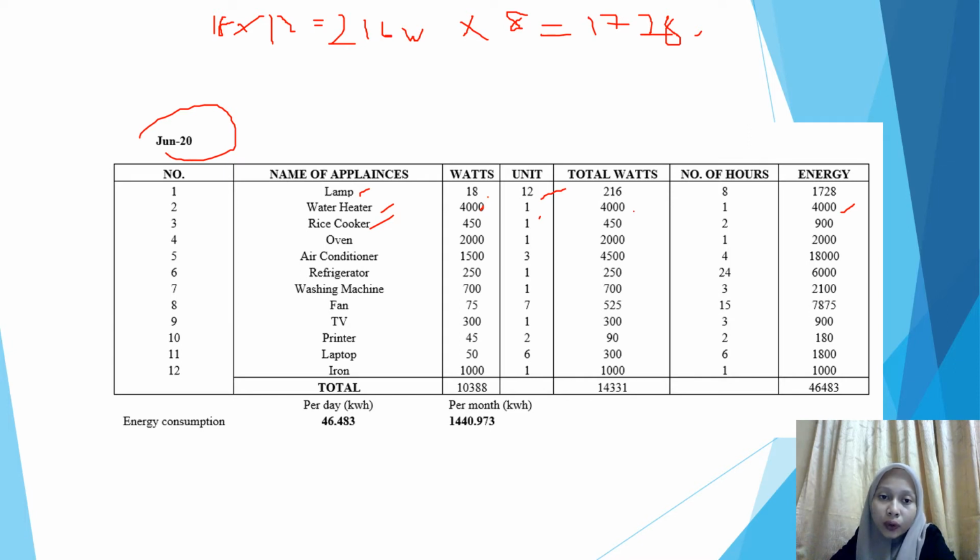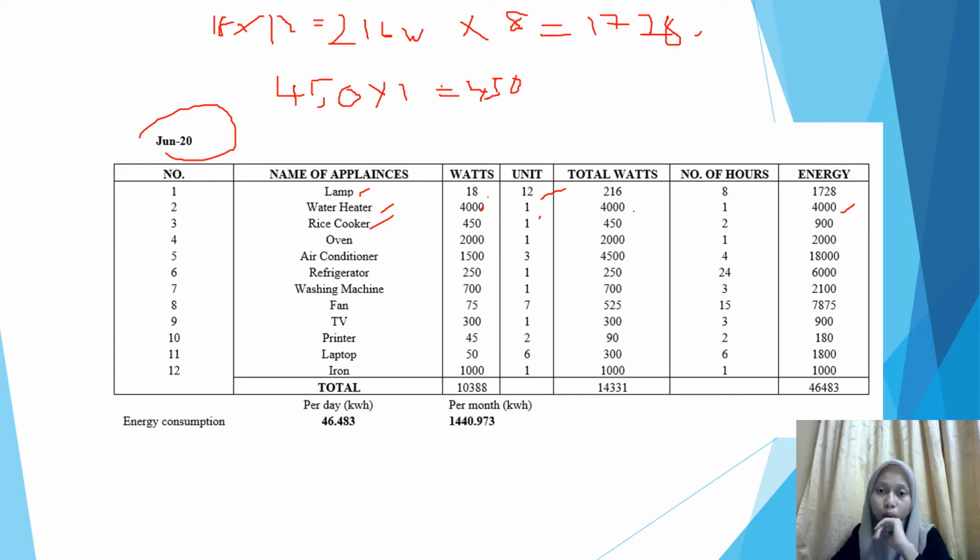The watt is 415 times 1, and you get total 415. The hours used for the rice cooker is 2 hours, and the total energy is 9,900.